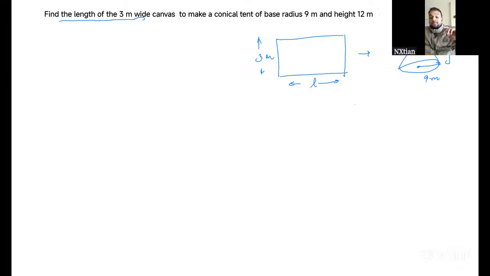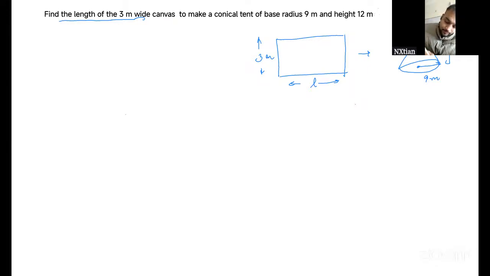If you are taking a tent, you take CSA or TSA. If you take TSA, then the circular base would also be included, which means you can't go inside the tent. So the canvas will always make the CSA.